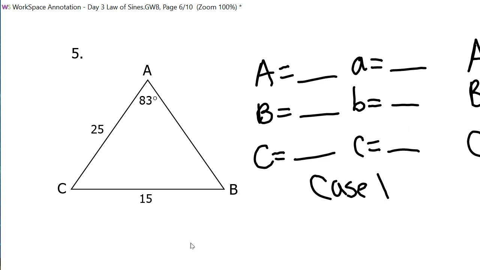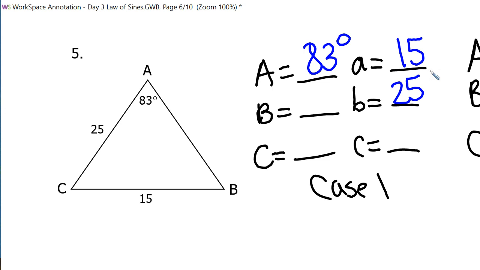And then fill in what they gave you. So the given information: angle A is 83 degrees, side A is 15, side B is 25. So it's going to be the same given information for both cases.